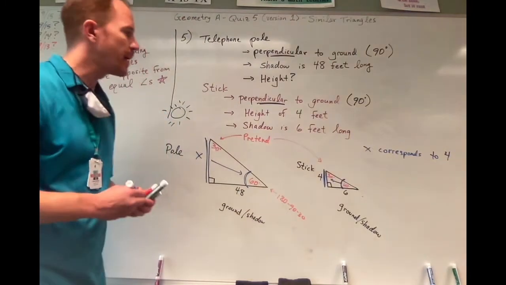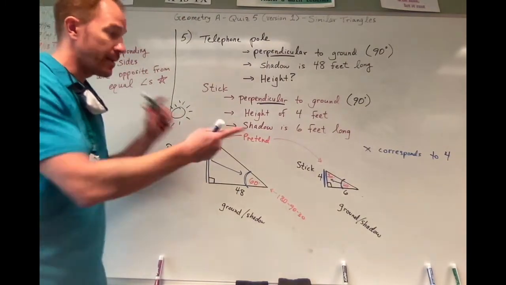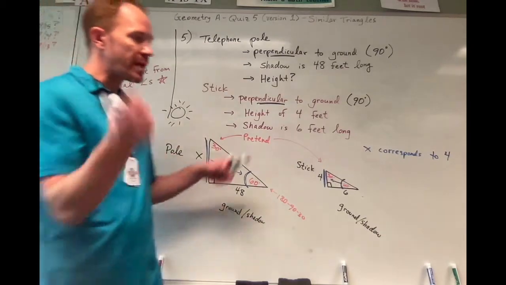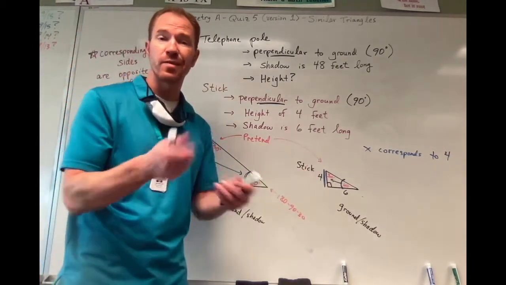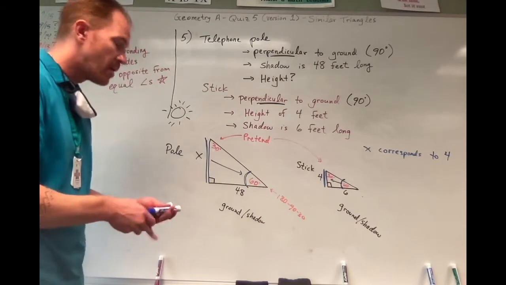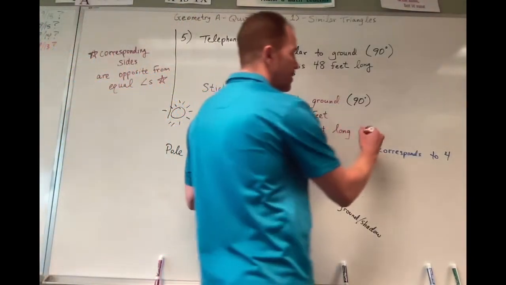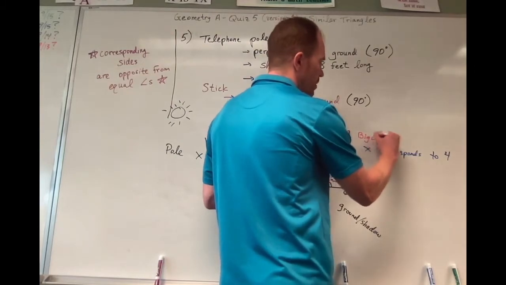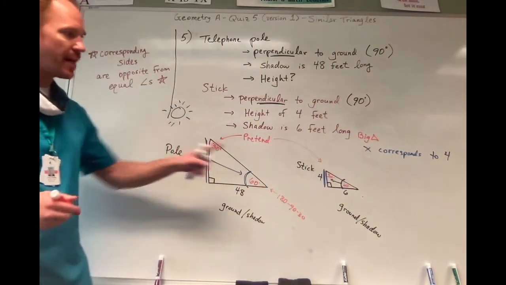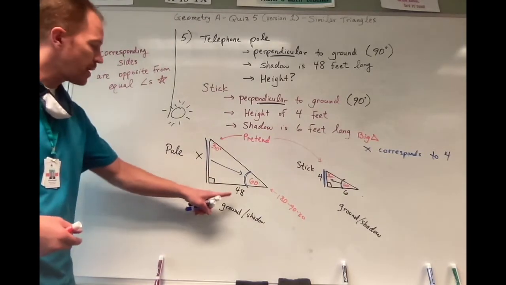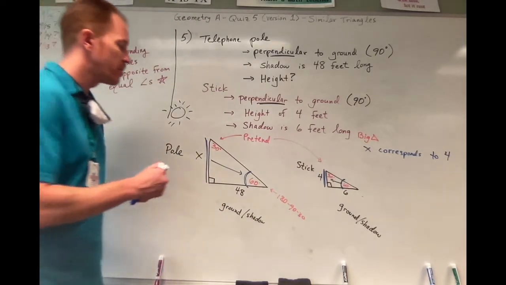Okay. And again, now I only have 2 other numbers. But should we do 48 corresponds to 6, or should we do 6 corresponds to 48? Remember, we want to be consistent. So here I'd say x is coming from what looks like the bigger triangle. So in my next pair of corresponding sides, I'll stick with this triangle and I'll take the 48. And we'll do this one in green.